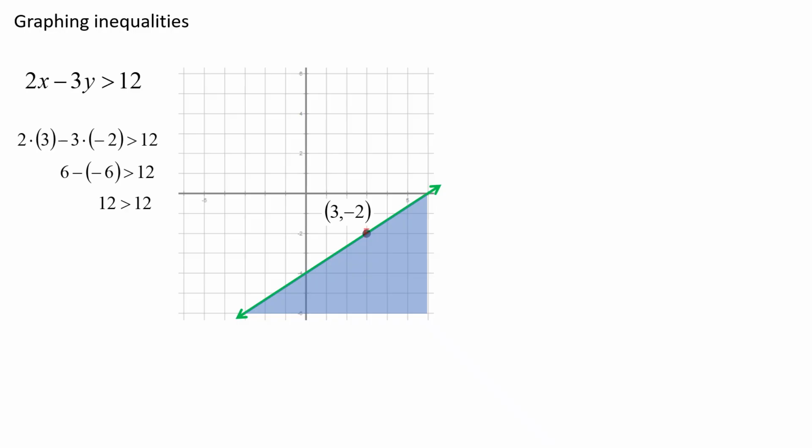And therefore, that is a false point. But mathematicians have discovered if there's a false point on the line, then every point on the line is false. The way we represent that in mathematics, and by the way, the points underneath the line are still true, but the way we represent the false points is by just putting a dotted line instead of writing a bunch of F's on the line. And that would be the answer to the strict inequality.